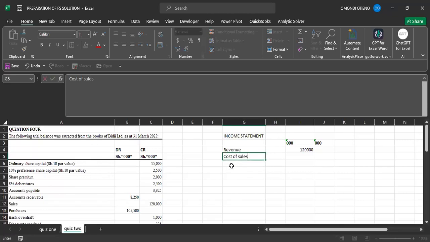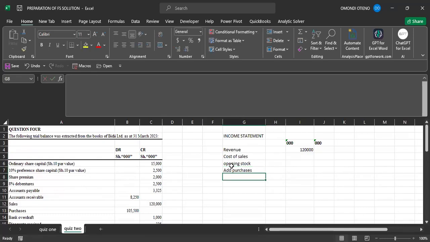Cost of sales. Our cost of sales here, we are going to have opening inventory or opening stock. Then we add purchases. Then to this, we need to add carriage inward.